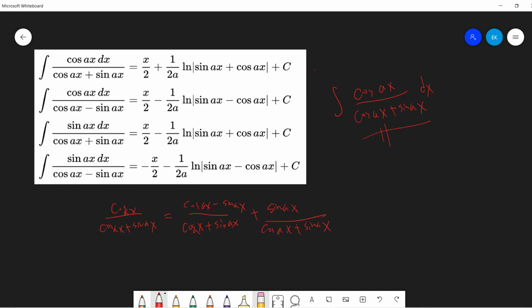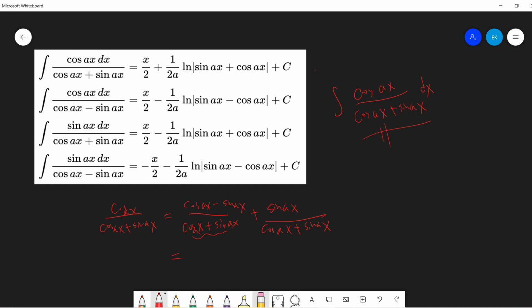Okay, so the trick is that once you do this, then this term can be solved, but then you get the same term, right? So the key point is that there's a half here, right? So how about I write this into this one, but with a half, right?